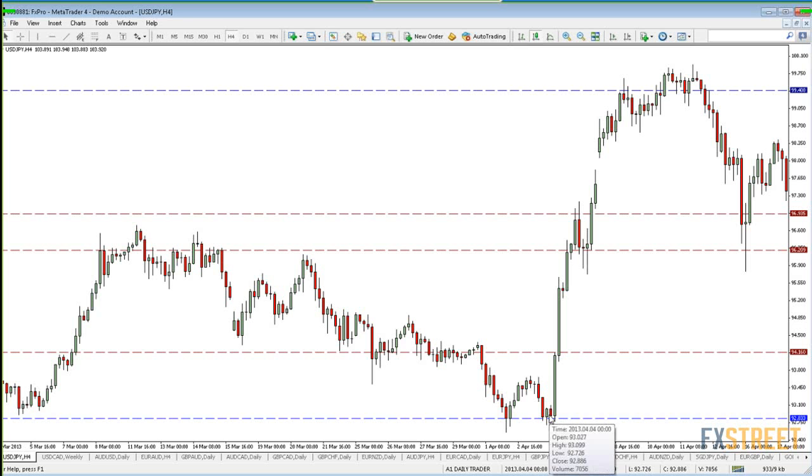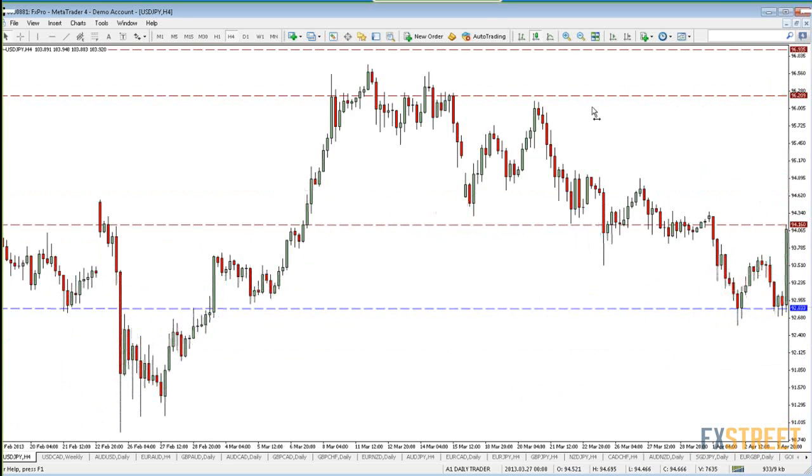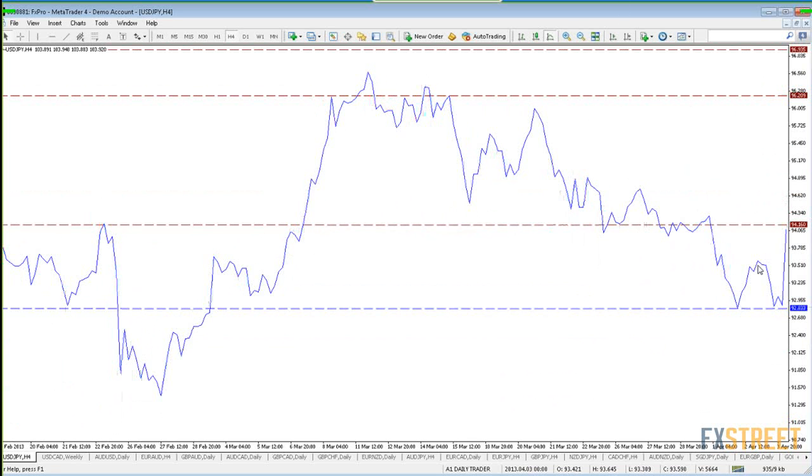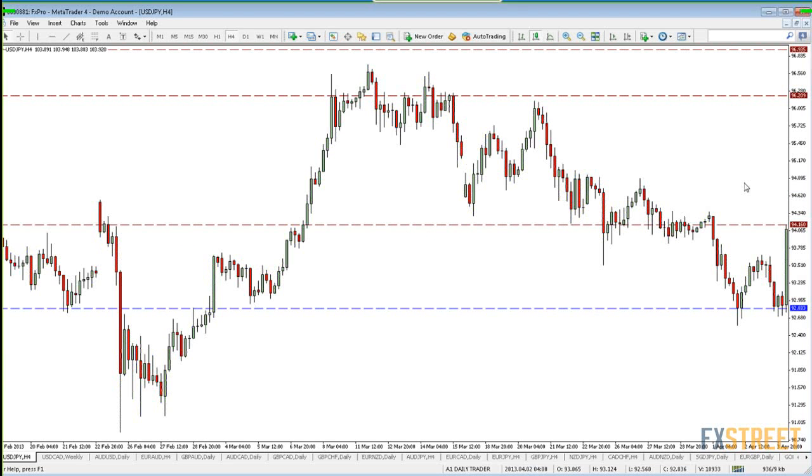So you've made a sort of W. If you look at the line chart, it looks like a sort of a W formation, but the second touch is not as low, and that's the critical thing here. And when I say the second touch is not as low, I'm talking about the wicks, not the close, the wicks, okay? So the second wick is not as low as the first wick.